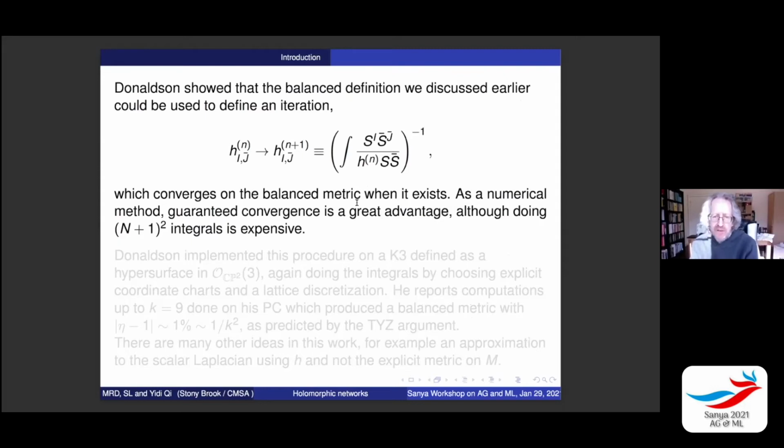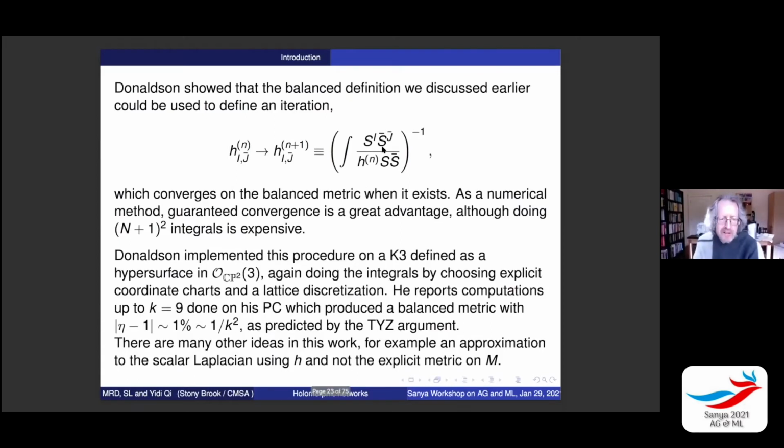So that's a great advantage of the procedure. The disadvantages are that doing all these integrals is kind of expensive, and it doesn't actually converge on the Ricci-flat metric, it converges on the balanced metric. But in any case, it works, and Donaldson even demonstrated that it works computationally.